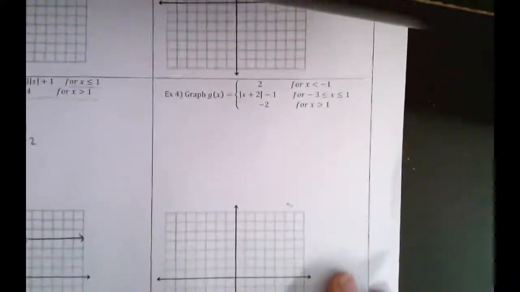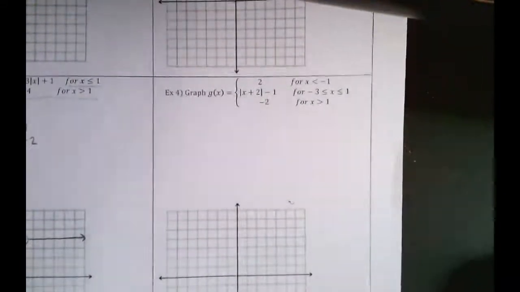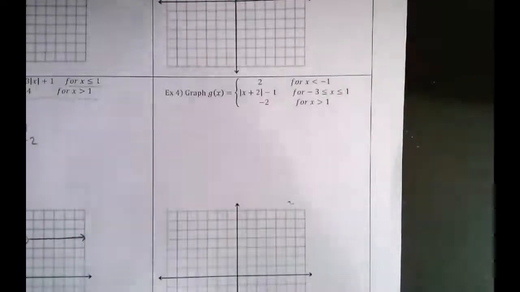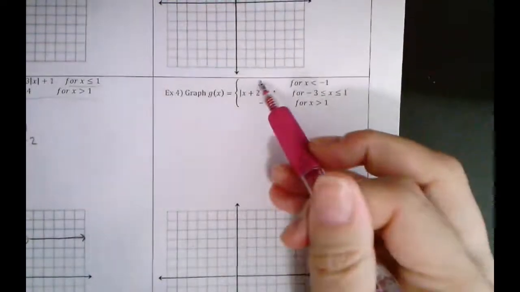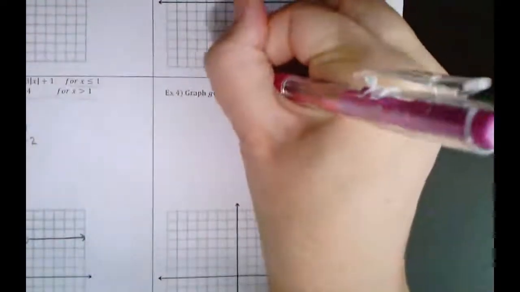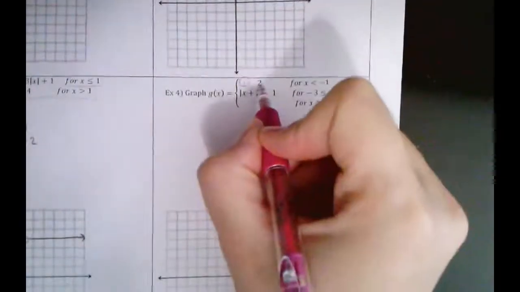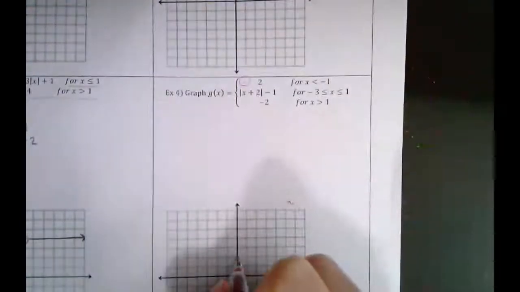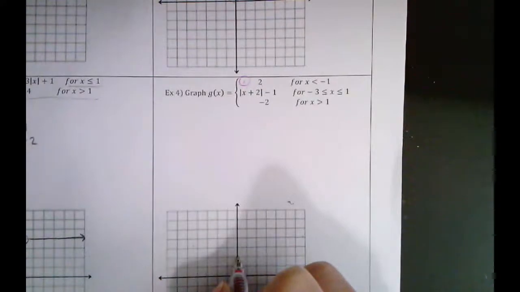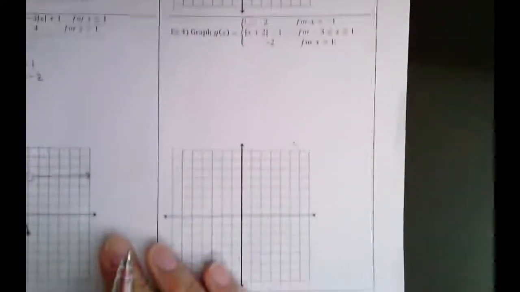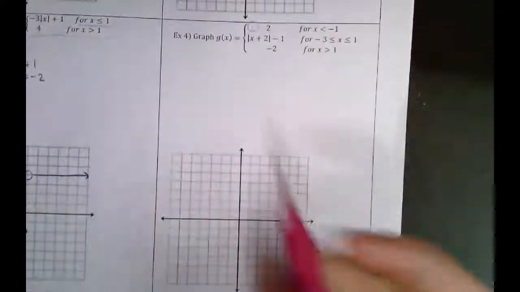For example 4. So I think this one will be easiest if we just graph the 2 constant functions first. So this one and this one, and then we'll go back to the middle one. So first, we want to graph the constant 2 for values of x that are less than -1. So -1 is here.